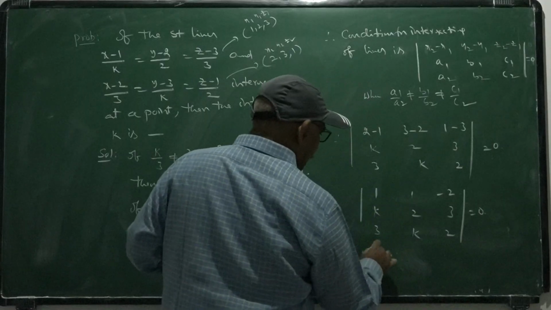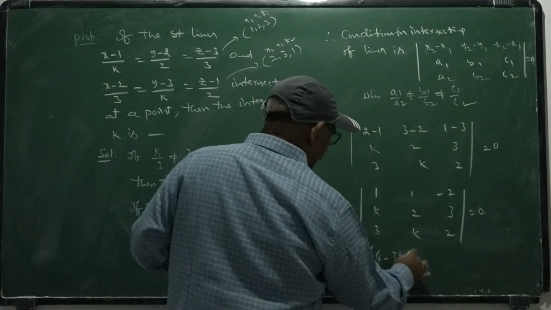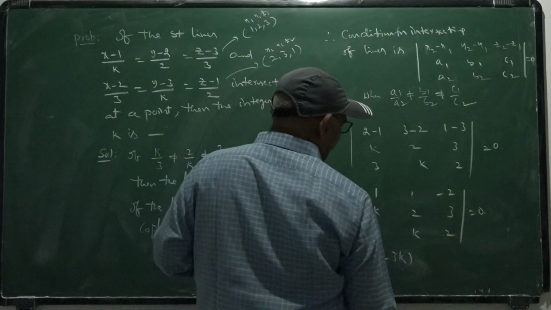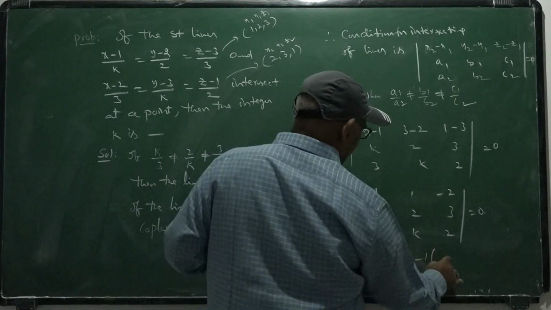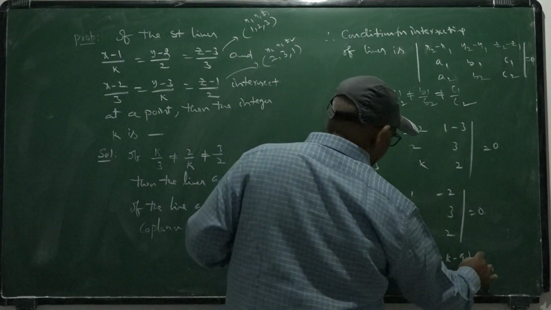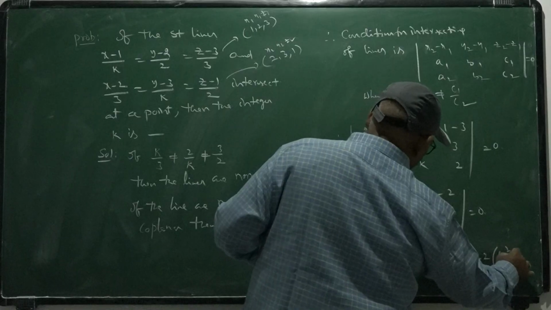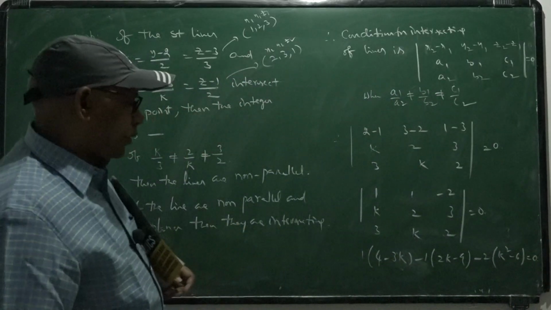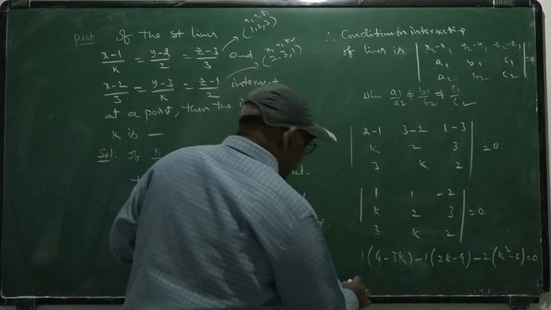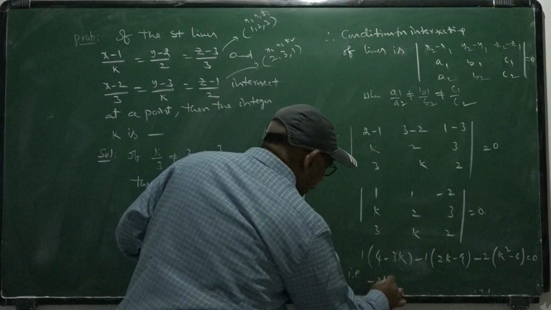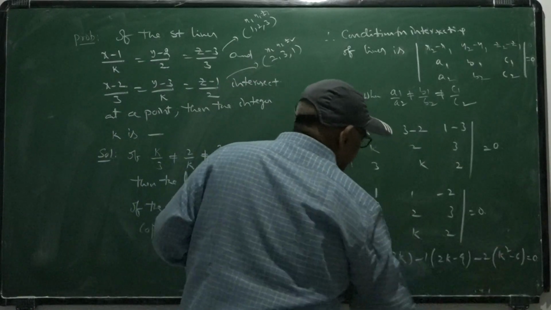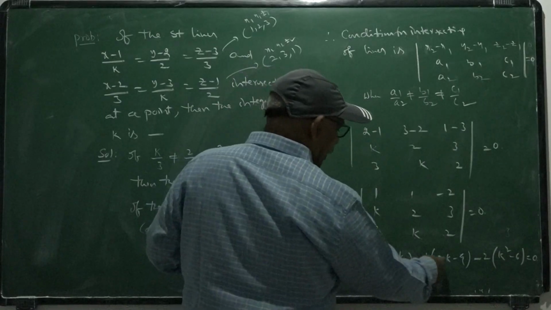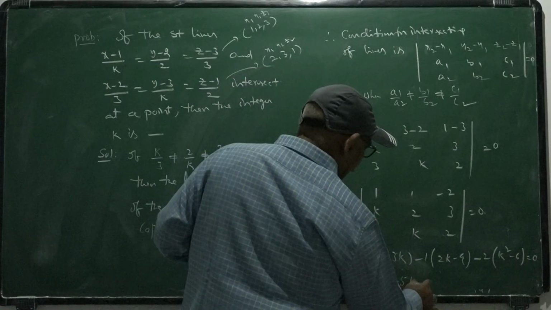Once you evaluate the determinant, we get 4 minus 3k minus 1 into 2k minus 9, of course, minus 2 into k square minus 6 equal to 0. Evaluating, we get minus 2k square, minus 3k minus 2k gives minus 5k, the k terms.